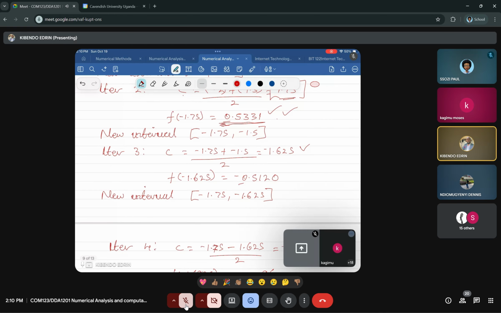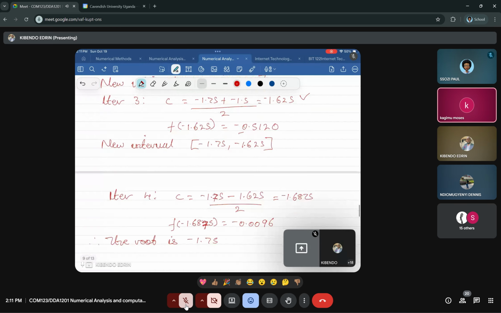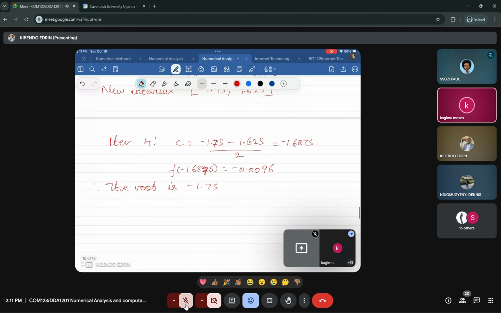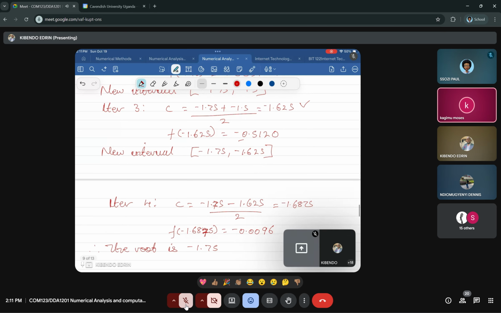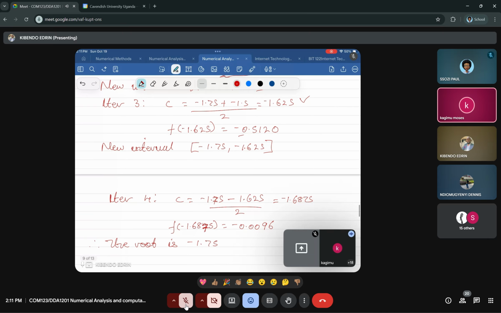How, always, do you prefer the positive? Yes, we always prefer the positive. I remember Mr. Ssengendo explaining that we look at the one closest to 0. Oh, okay, let's do this.